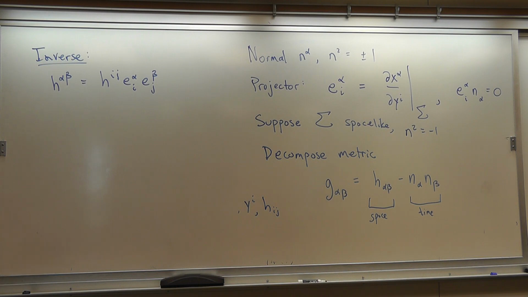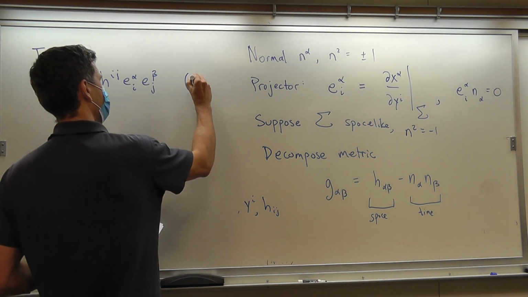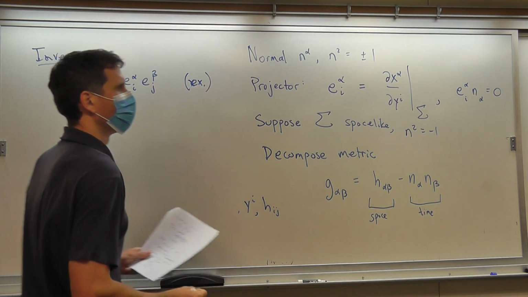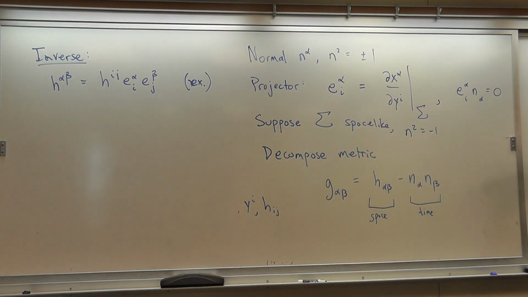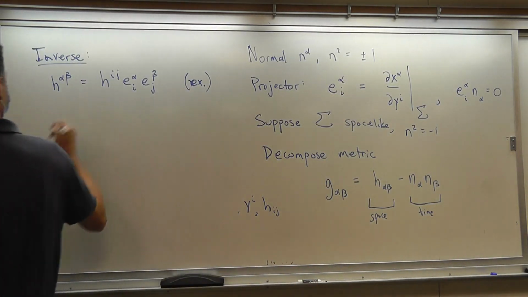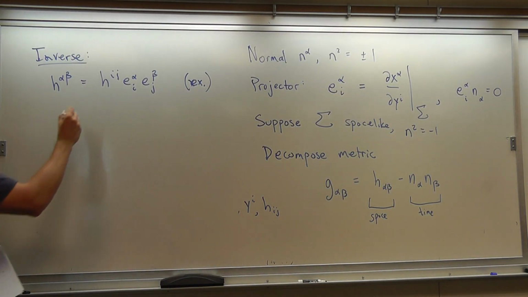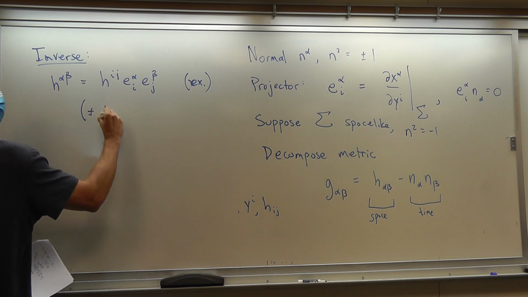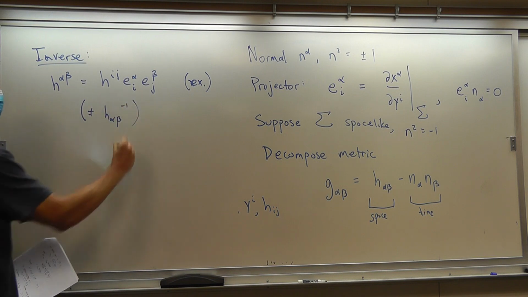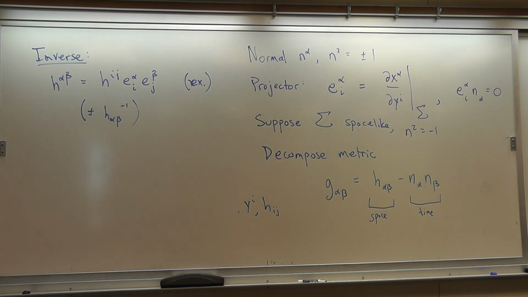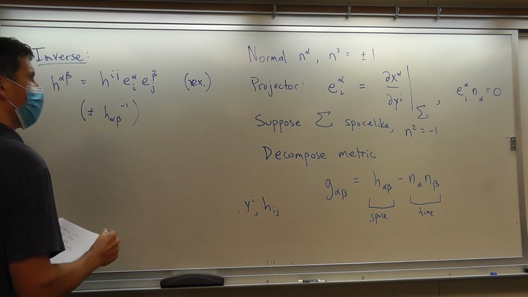I'll make it an exercise, but you can derive this from this relation here. The reason it's useful to remember this formula is that, of course, this is not equal to H alpha beta inverse, because that's not an invertible metric.